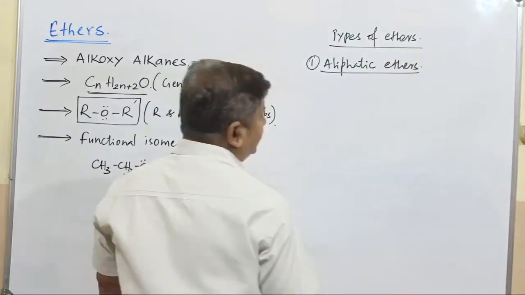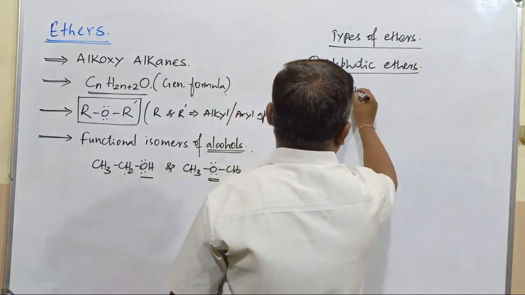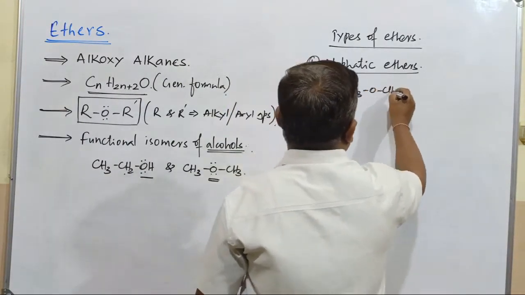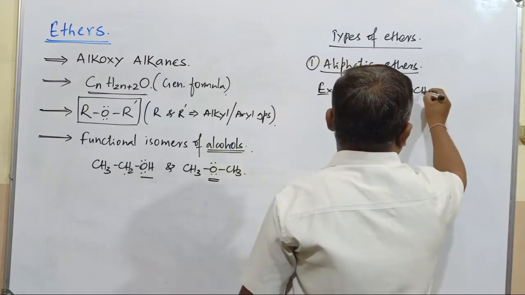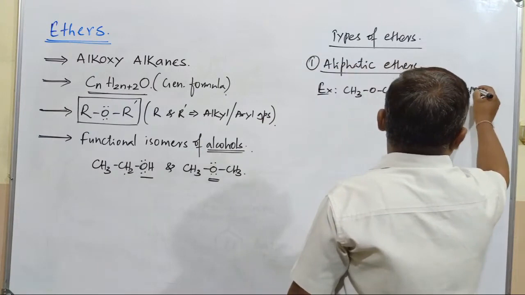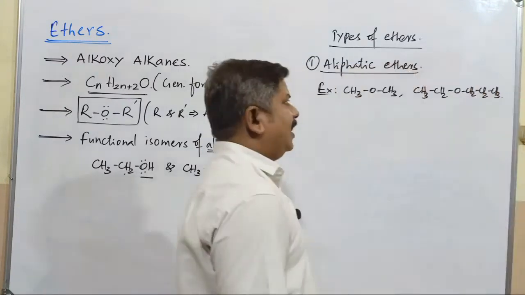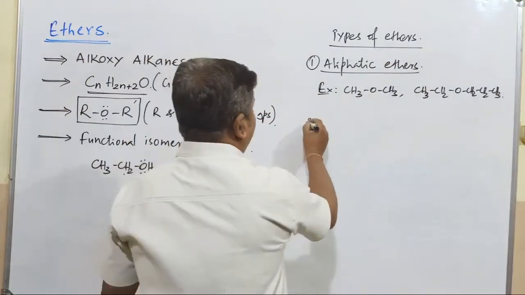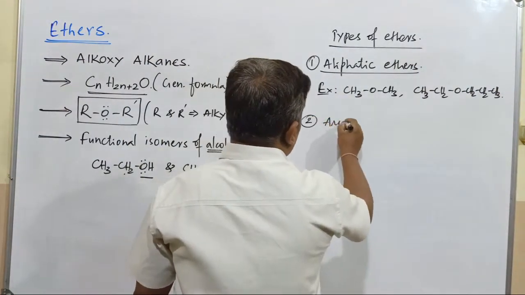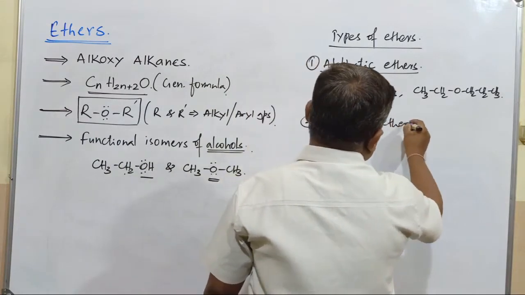There is no cyclic ring. Wherever only an open chain is present, those are known as aliphatic ethers. You can take this example: CH3CH2OCH2CH3. All these are aliphatic ethers. The second type is called aromatic ethers.